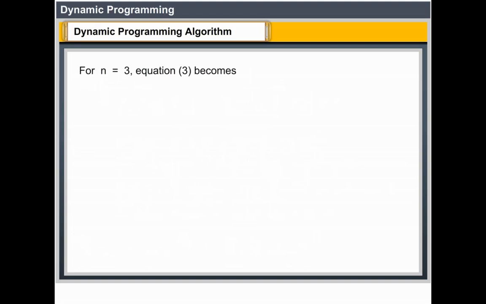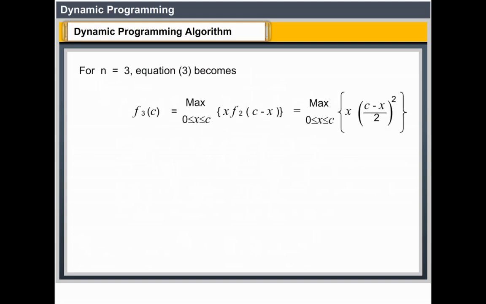For n equal to 3, equation 3 becomes f3 of c equal to maximize, for 0 less than or equal to x less than or equal to c, x into f2 of c minus x, equal to maximize, for 0 less than or equal to x less than or equal to c, x into ((c minus x) by 2) the whole square.